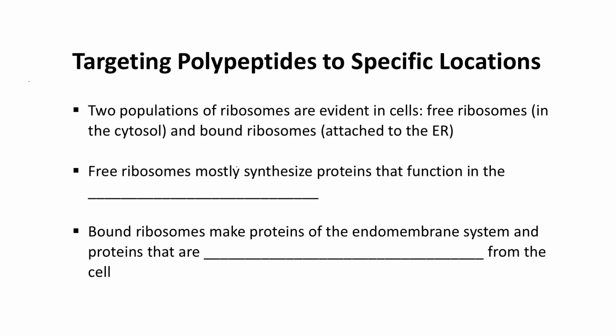There are two populations of ribosomes that are evident in the cells. There are free ribosomes in the cytosol or the cytoplasm, and then those ribosomes that are bound to the rough endoplasmic reticulum.